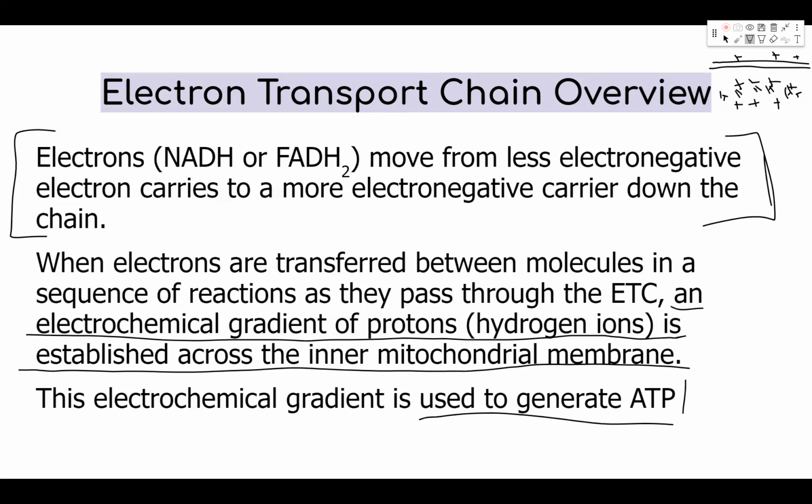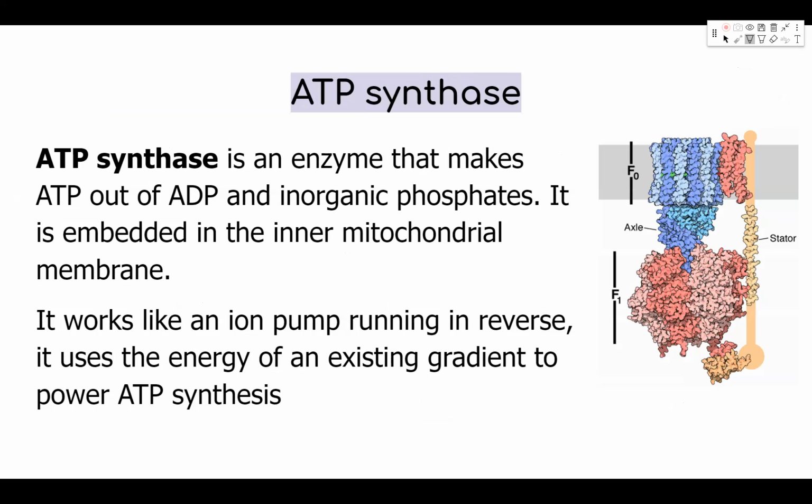And there's a special protein that helps us turn this difference into ATP, and we call that ATP synthase. A-S-E means it is an enzyme, and enzyme names tell us what they do. ATP synthase synthesizes ATP.